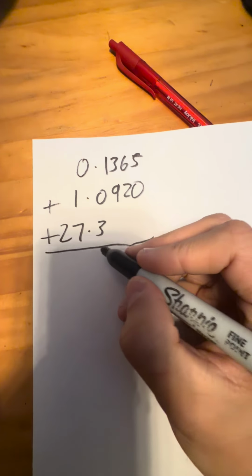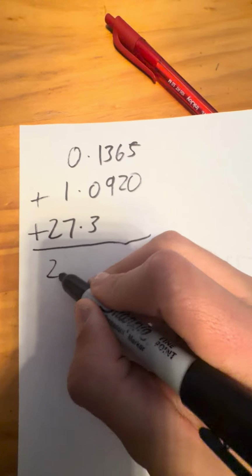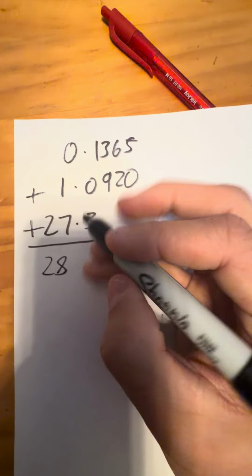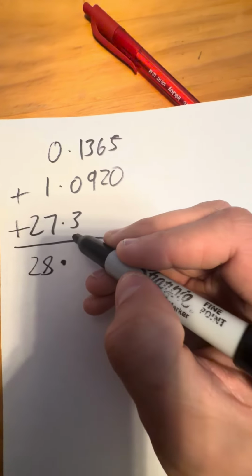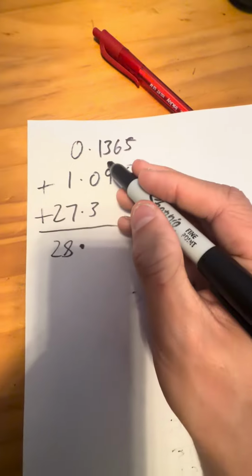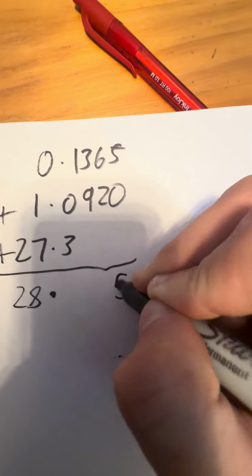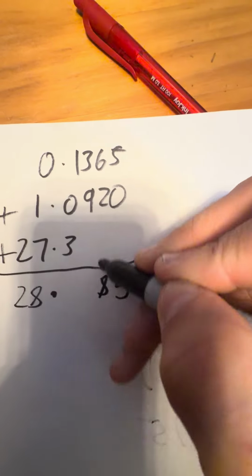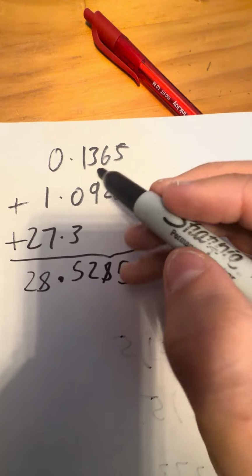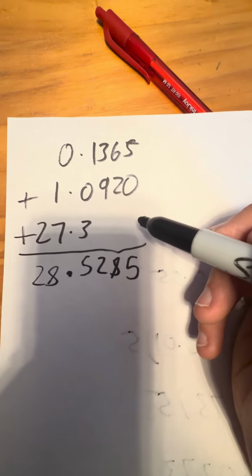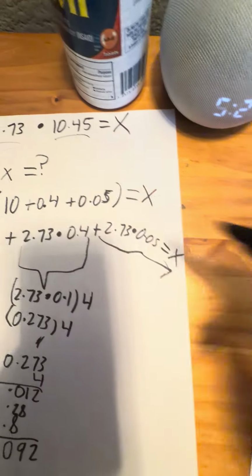Okay. And I'll start it off over here since everything's fine over here. 28 point. No, it moves one over here. Okay. 28.5285. Pretty sure that's right. So that's what 2.73 times 10.45 is.